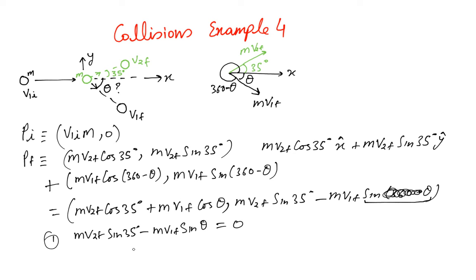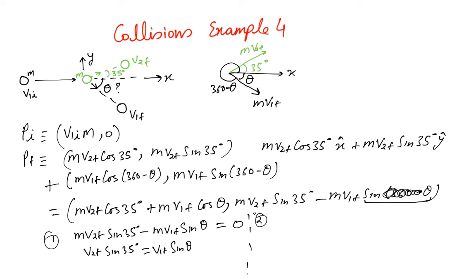What does that give us? Well, m gets cancelled anyway, so it gives us v2f sine 35 degrees equals v1f sine theta.